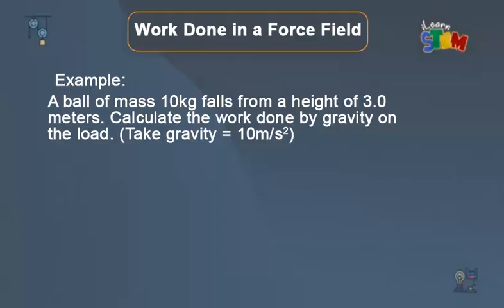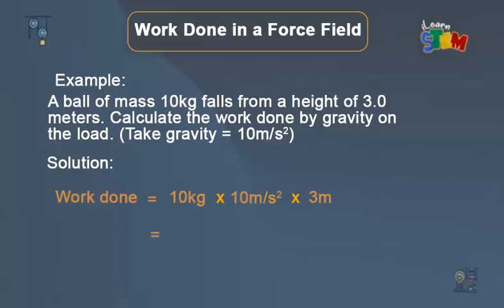Calculate the work done by gravity on the load. Take acceleration due to gravity as 10 meters per second squared. Solution. Work done is equal to mass times acceleration due to gravity times the height. Therefore, work done is 300 joules. Well done, students, you are doing amazingly well.